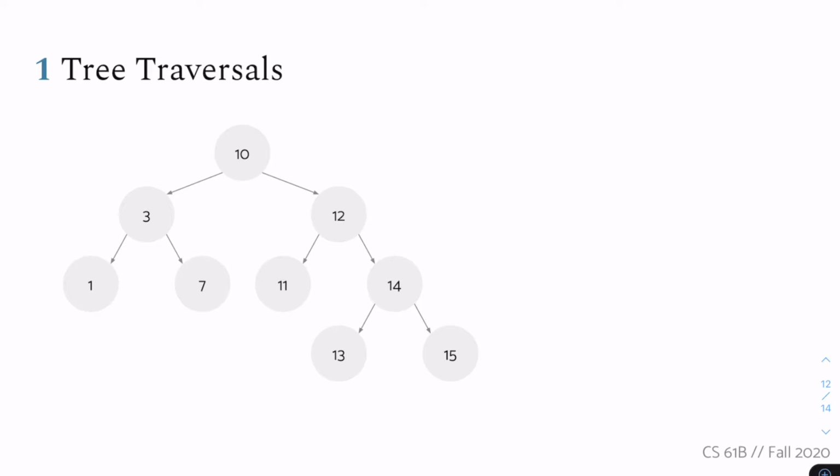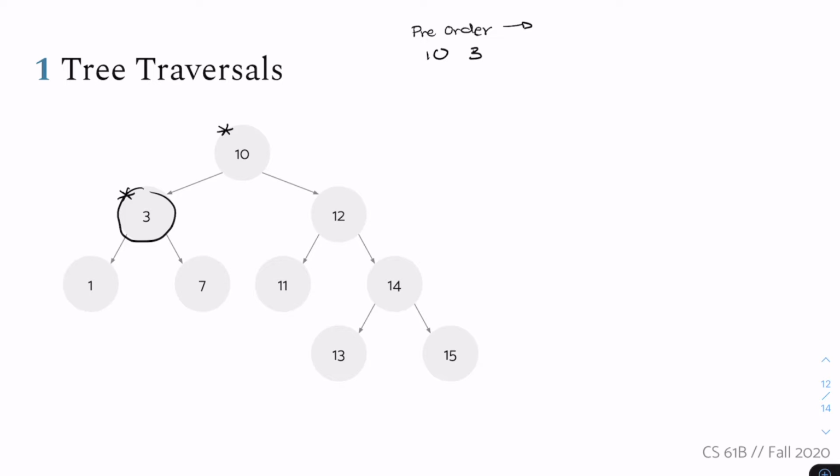Okay, welcome back. Let's start off with pre-order. The first thing we're going to do is start at the root, and we're going to visit it immediately, so we add that to our list. Now we're going to visit its children in order. So we go to 3, and we visit that straight away.